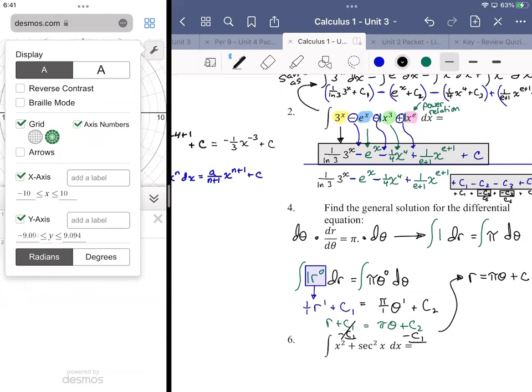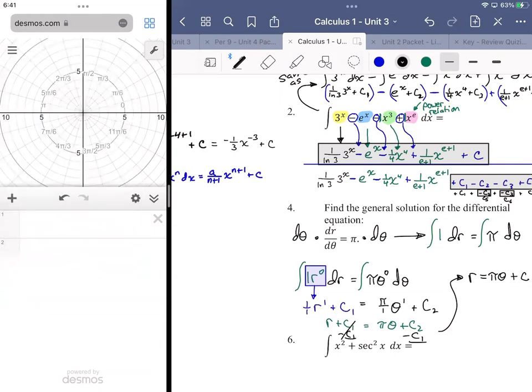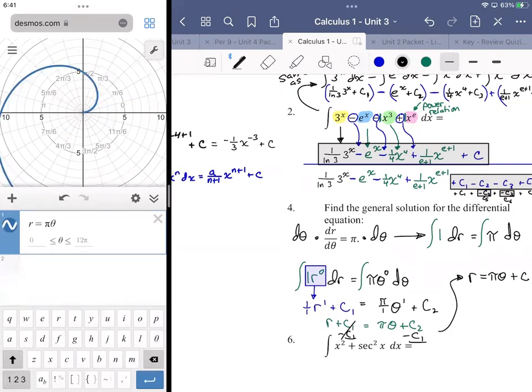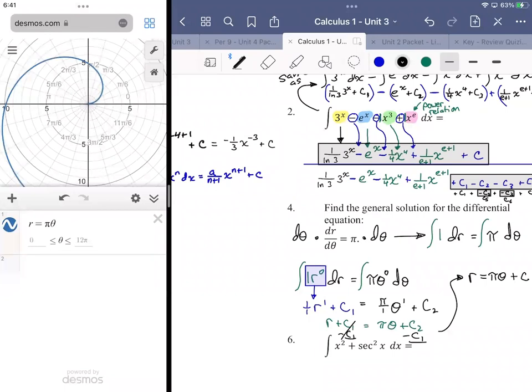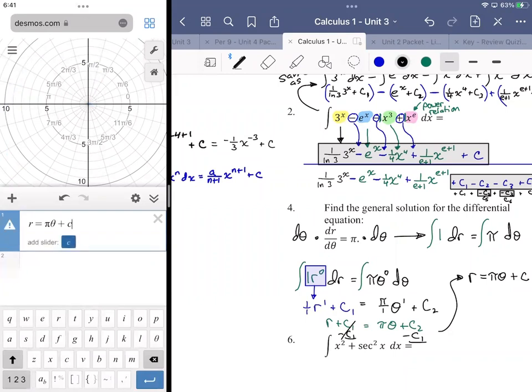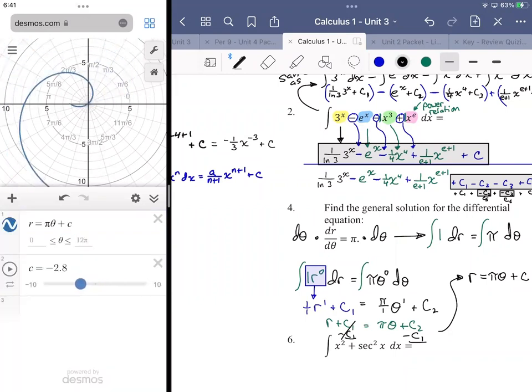I could put in the function, but I'll just show you anyway. r equals pi theta, and you can put the plus c there, some constant c, just to see what the graph would look like. Fun looking graph. It's called the spiral of Archimedes, if anybody's wondering about that sort of thing.